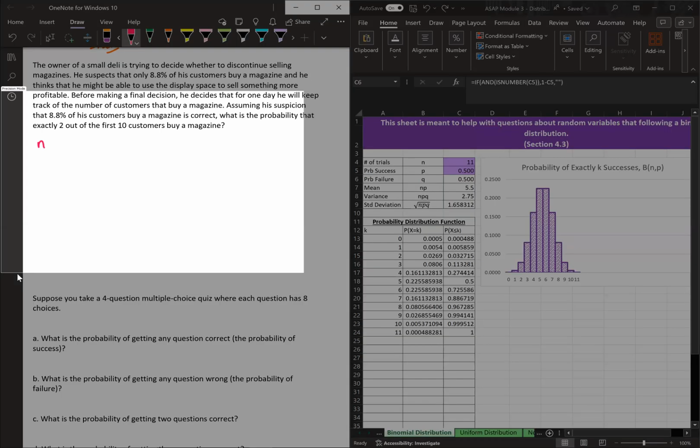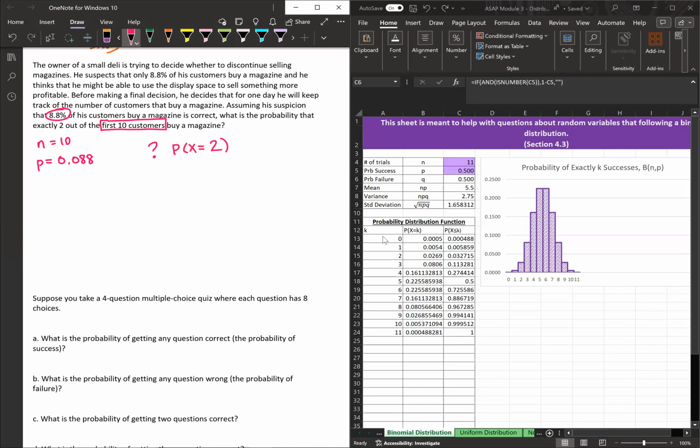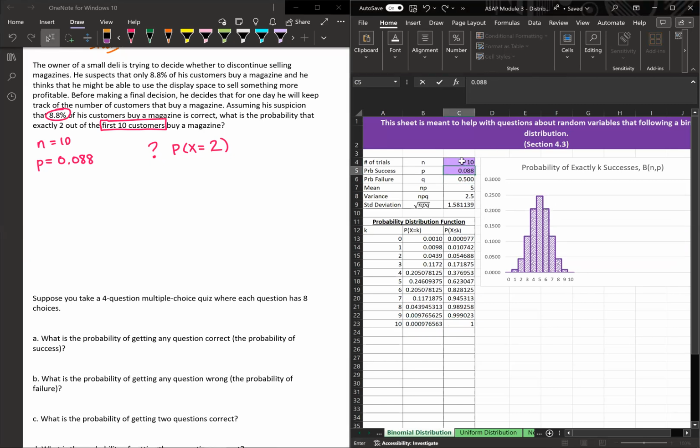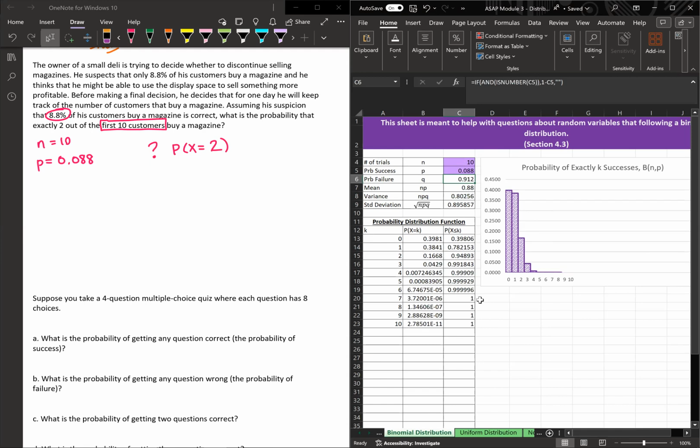So this is binomial. We need N and we need P. So how many customers is he tracking? 10. What's the probability of success? 8.8%. So you need to convert that into a decimal, 0.088. And the question is, what is the probability of exactly 2? So let's plug it in. We've got 10 customers. We've got 0.088 or 8.8% chance.